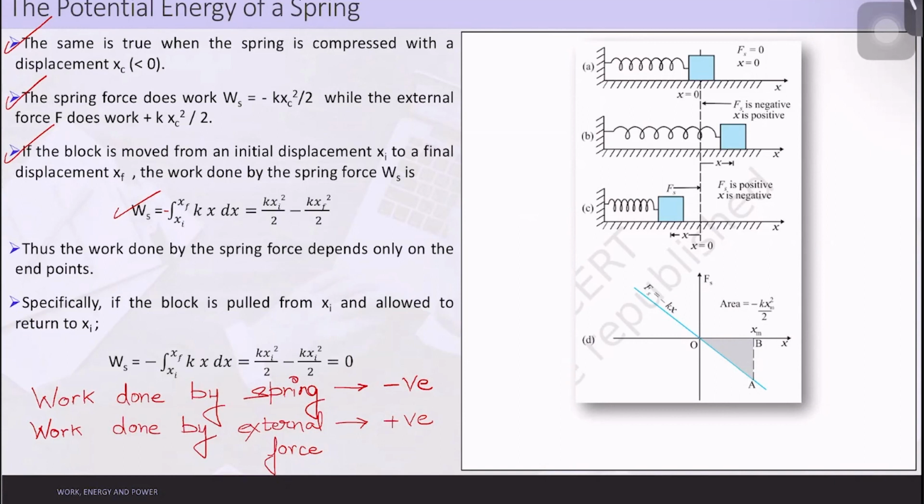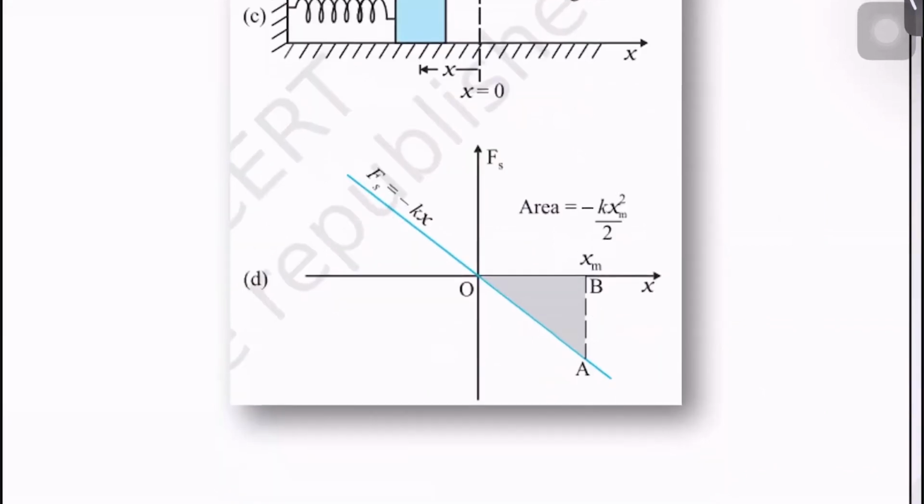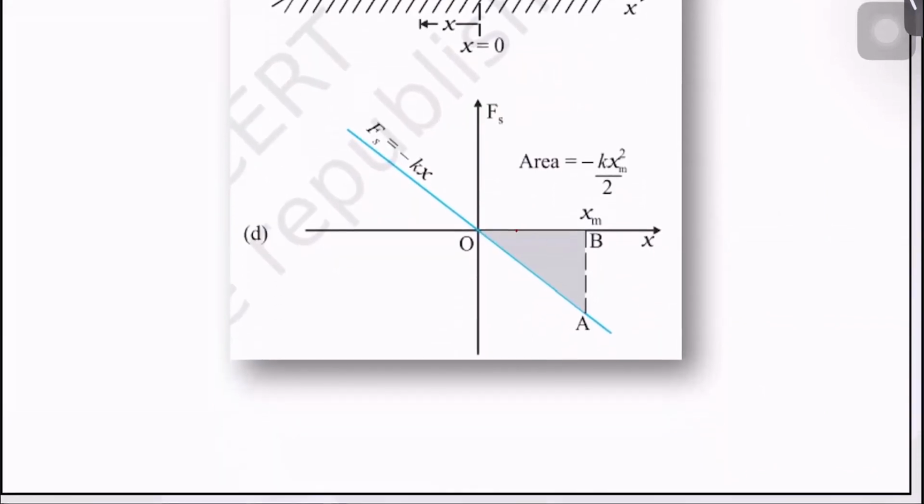So this thing can also be proved using the area again. Let us assume that this was some location xi and this was the final location xf. So what is the area or the work done? The work done will be this. Correct? This will be the work done here. So how can we calculate this work done? Either you can just find the area of this location, and minus the area of this small area, correct? So here this will be your xi and this will be your xf.